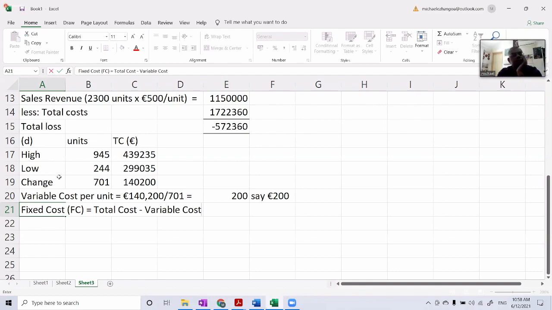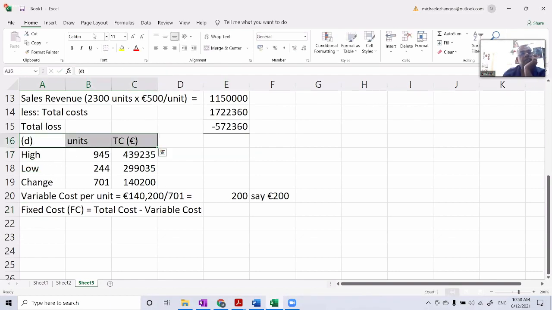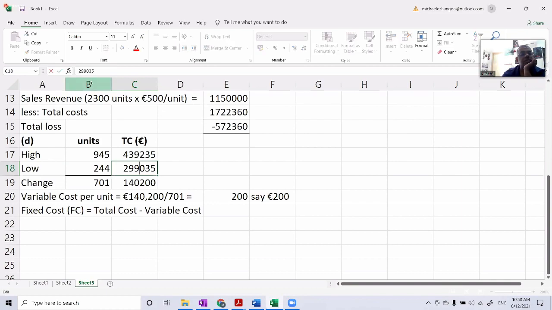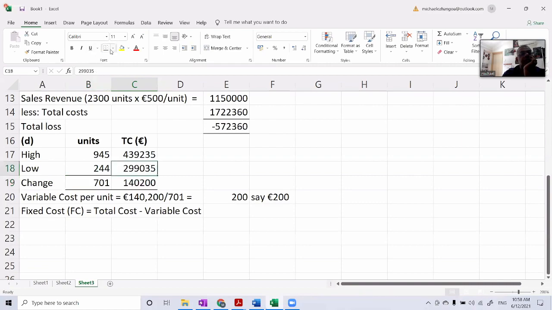You can do this analysis for any period because common sense tells you fixed cost must be constant. That is one of the assumptions we make: fixed cost has to be constant every month.